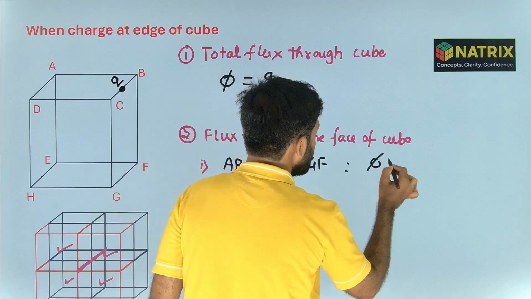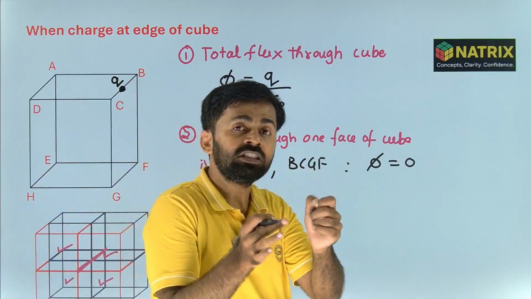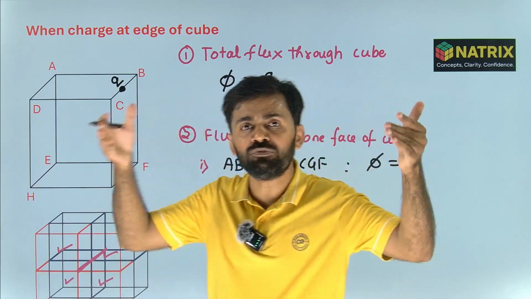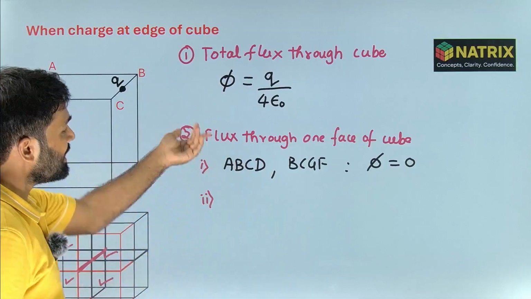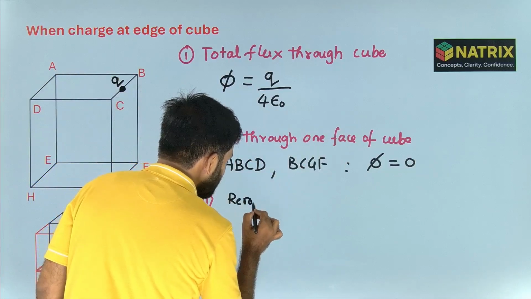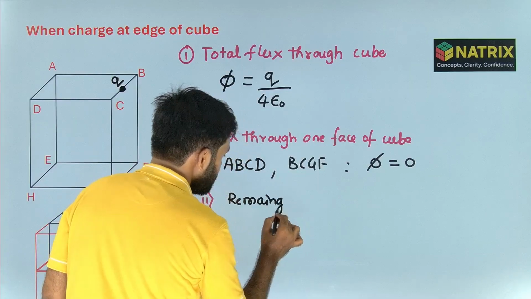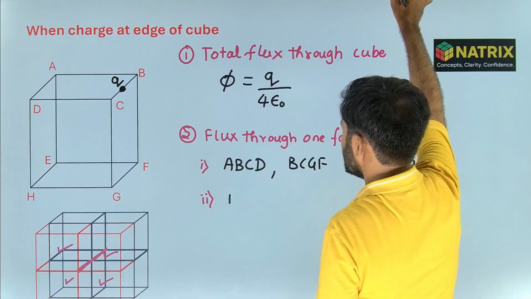Again, flux through these faces is 0. The charge is shared by which faces? Through those, flux is what? 0. Now in that case, how many faces remain? Remaining faces, or let me do one thing, let me write this as what? Otherwise.